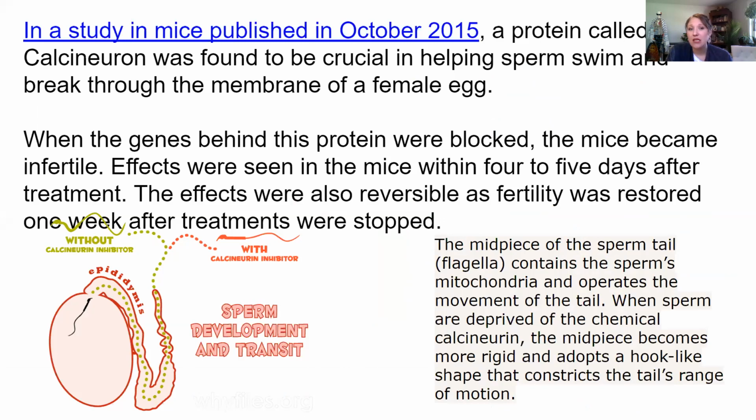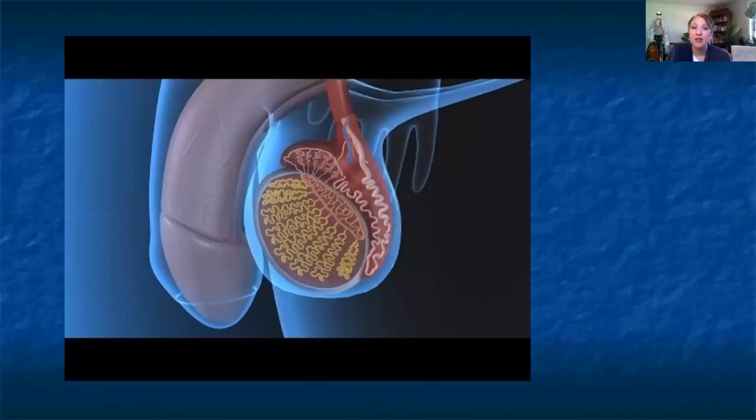This protein allows sperm to develop their tail so that as the tail twists, it propels the sperm. When they genetically engineered mice to lack that protein, the sperm would be produced but their flagellum would be a little bit messed up, which meant they would not be able to swim, and therefore fertility was reduced. So those are two options.